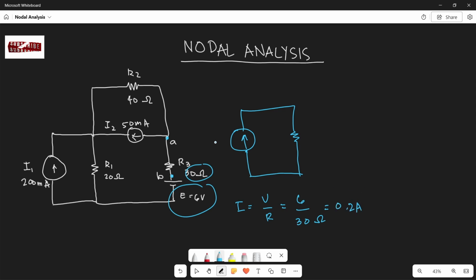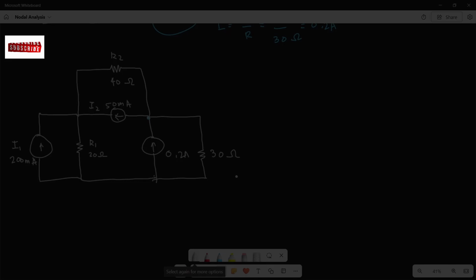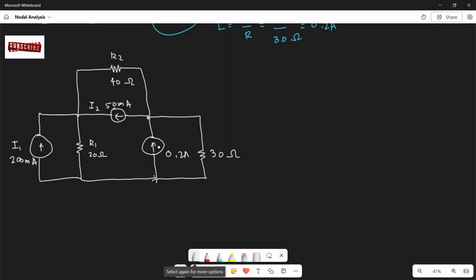So the value of this current source will be 0.2 amperes, and the shunt resistance will still be 30 ohms. Redrawing the circuit with the voltage source replaced with this equivalent current source, this will be the equivalent circuit.